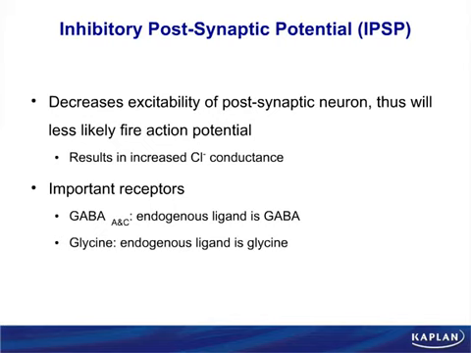Chloride conductance. Remember, if I increase the conductance to chloride, I'm going to drive that cell toward equilibrium for chloride, which is around minus 76. Hey, if that cell's sitting at minus 76, then it's not going to get to that minus 55 threshold, is it? Nope, it's going to be inhibited.